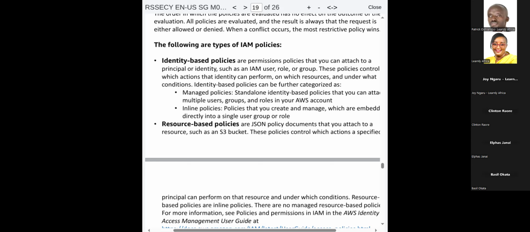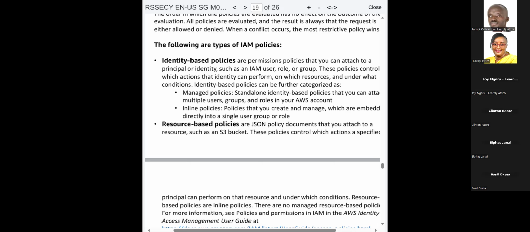Inline policies are policies that you create and manage, and they are embedded directly into a single role or a group. So, for example, if we create a group, we can create a policy for that particular group and attach it to that group or role. They are embedded directly into a user, group, or a role.